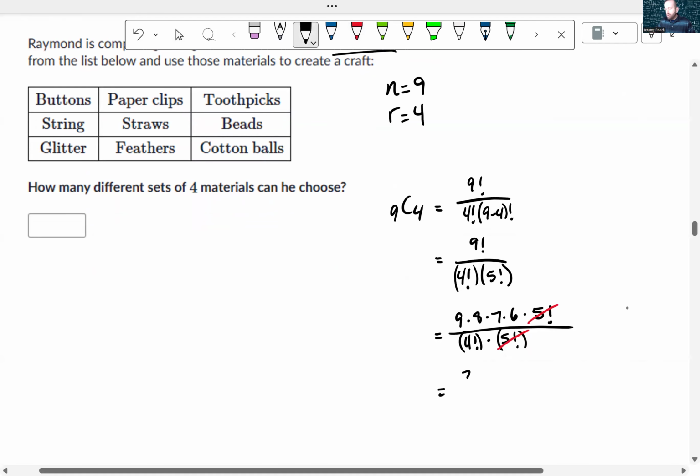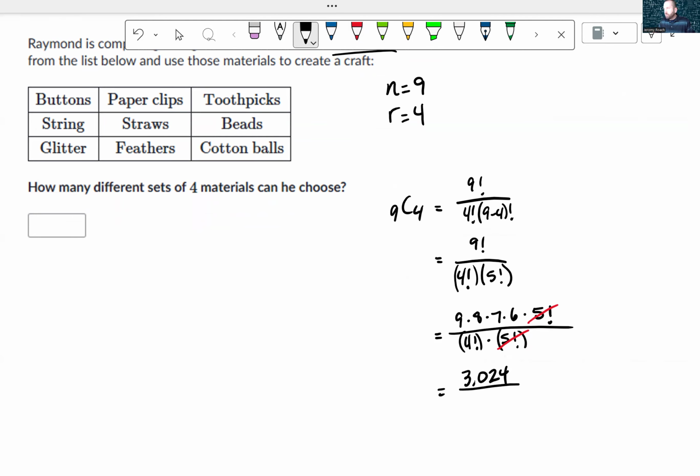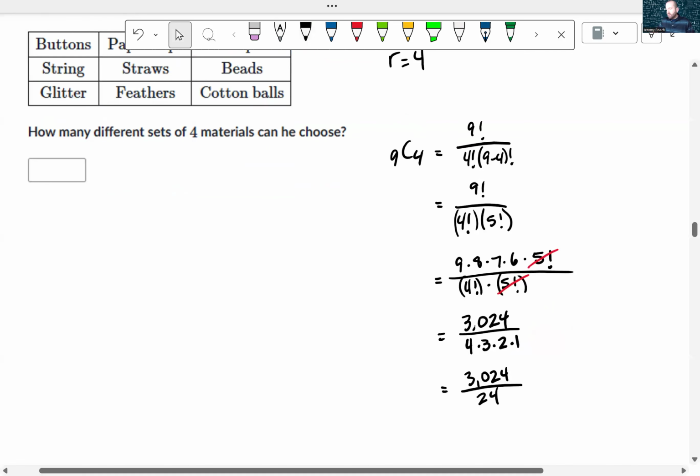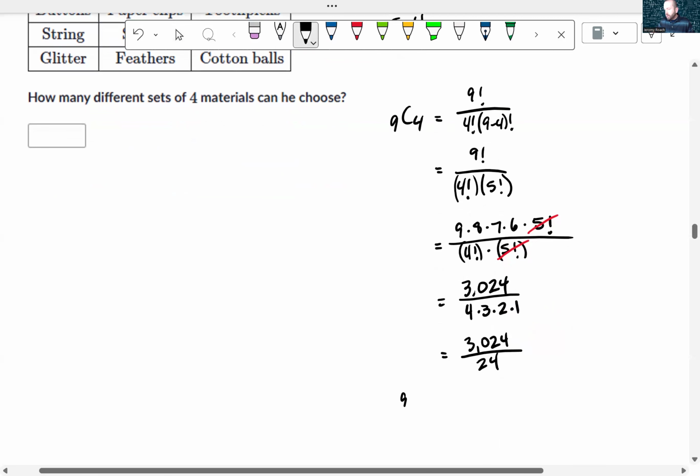And now we have 3024 over 4 factorial, 4 times 3 times 2 times 1. 3024 over 4 times 3 is 12 times 2 gives us 24. And our final answer for 9 choose 4 is 126.